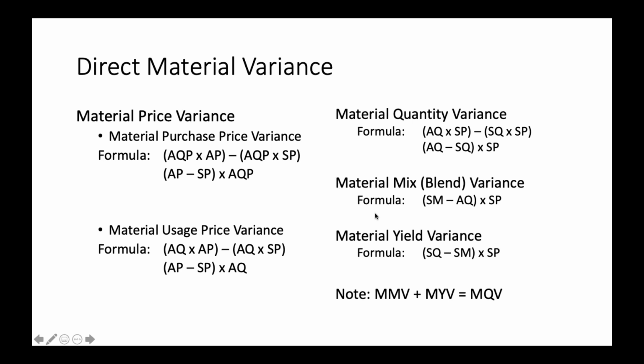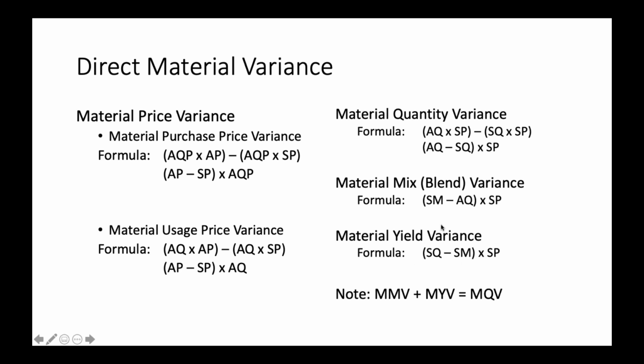Normally, we use several materials to produce a certain product. So there is a mixture of raw materials. So whenever there's a difference in the mixture based on the standard and the actual, we will have a blend variance. So this is a mixture variance.